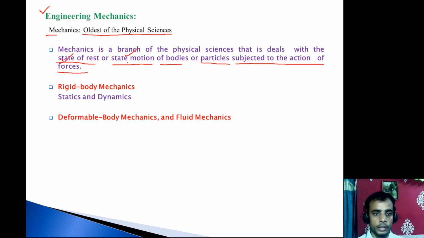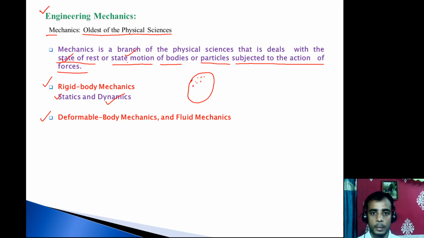Now there are two types of mechanics, basically rigid body mechanics and deformable body mechanics. Under rigid body mechanics, we have two parts, statics and dynamics. First, we need to understand what a rigid body is and what a deformable body is. A rigid body consists of different particles.